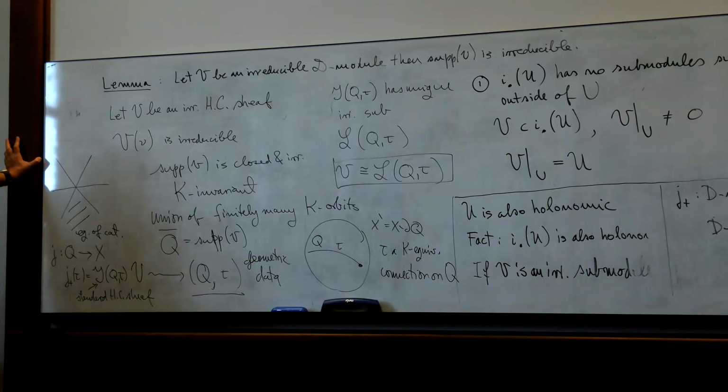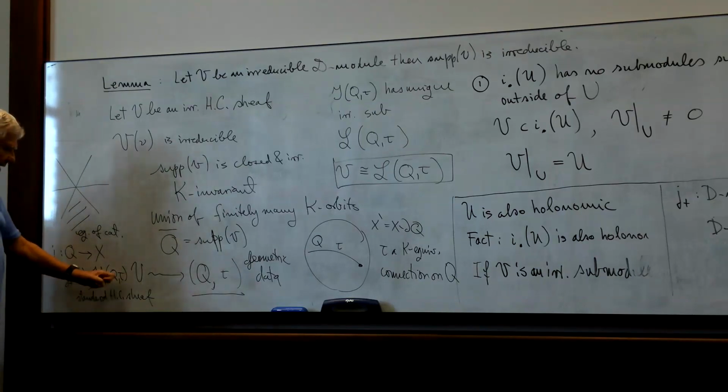The point is that to classify irreducible Harish-Chandra modules, you have to calculate cohomologies of these L Q taus, which seems impossible. But cohomologies of standard I Q taus, this can be done.